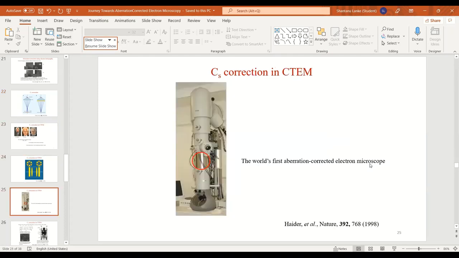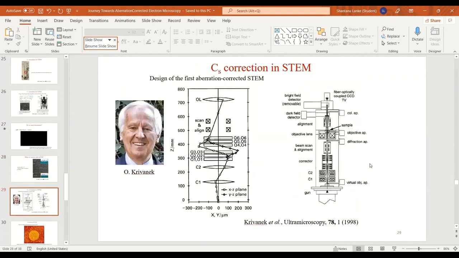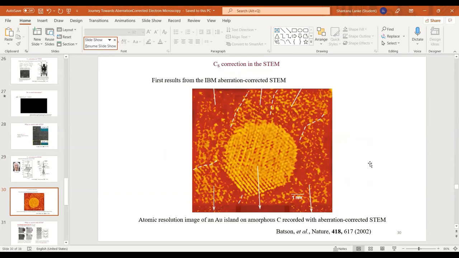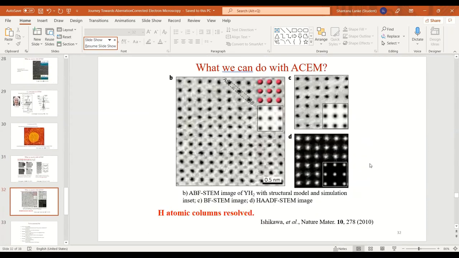In principle, if the resolution or the information limit of your instrument is, say, 0.8 angstroms, then the external or parasitic aberrations should be less than 3 times smaller, that is, less than 0.3 angstroms. If you have more aberrations in the environment, then there is no use of correcting for the aberrations, and you just lose atomic resolution anyway. So you are just going to waste the money.